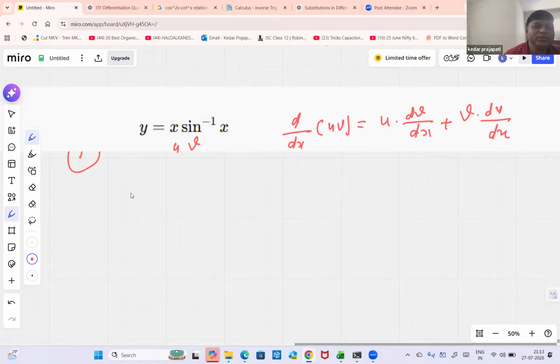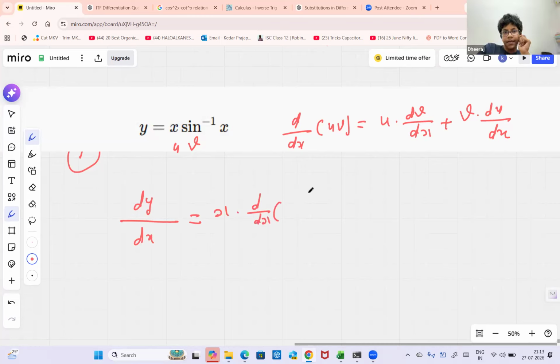So now the same thing we'll do. Differentiate with respect to x, dy by dx. So I'm taking x outside. x is u. So please write this in the exam, otherwise you will not be able to solve.